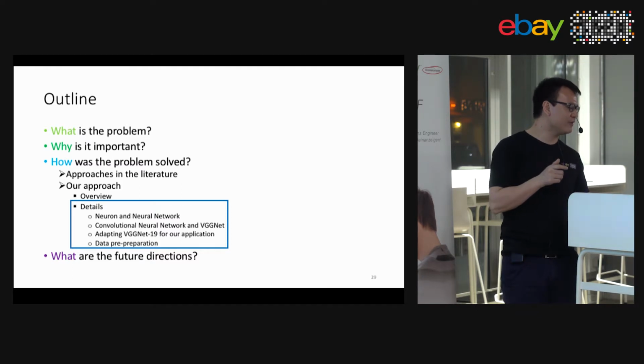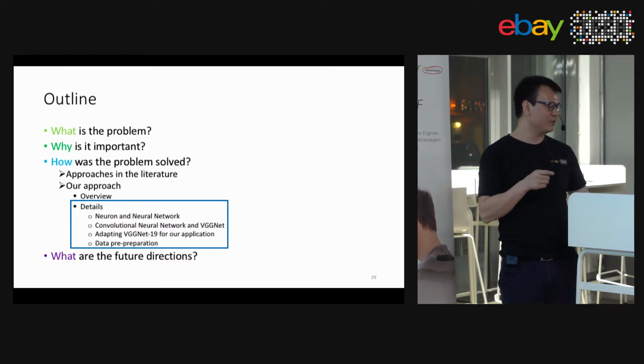And then introduce the convolutional neural network, and then VGGNet, which is a specific type of convolutional neural network. And then we will talk about how we adapt this neural network for our application. And then the last part is data pre-processing.